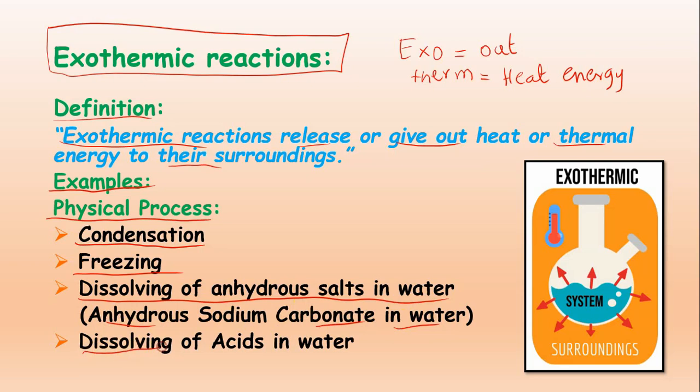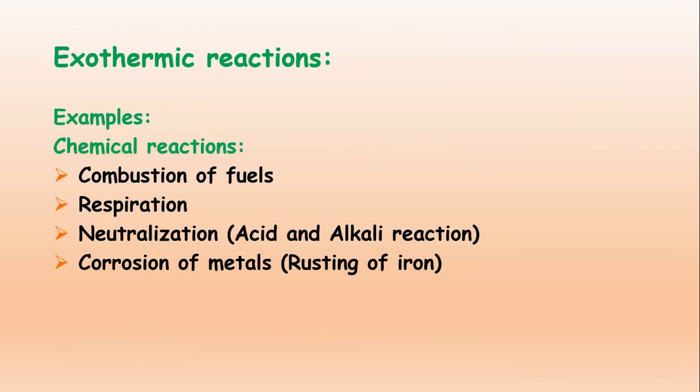The last example is dissolving of acids in water to make dilute acids. It is also an example of the exothermic reactions. Now the other examples, which are chemical reactions or chemical processes: number one is the combustion of fuels, respiration, and neutralization.